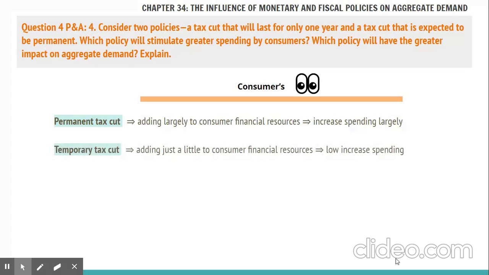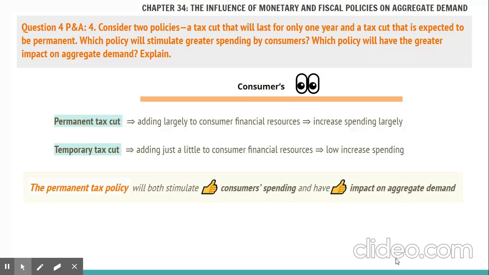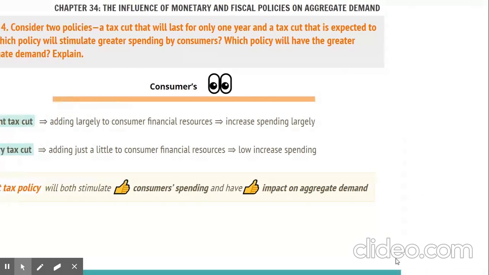Whereas for the temporary tax cut, consumers see that it adds just a little to their financial resources, so their spending will increase less. So the permanent tax policy will both stimulate consumer spending and have a greater impact on aggregate demand. That is the end.